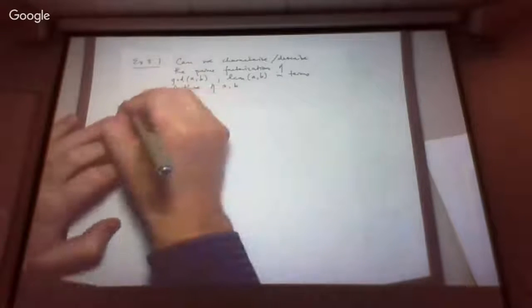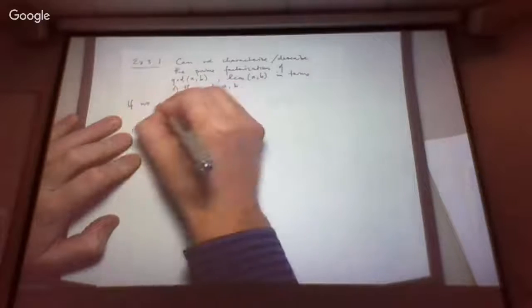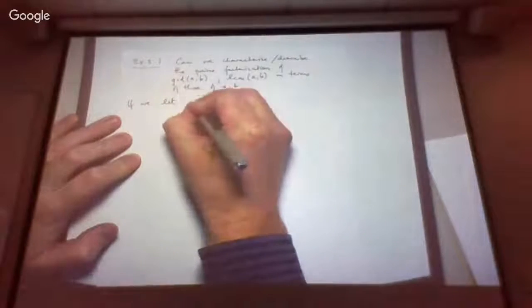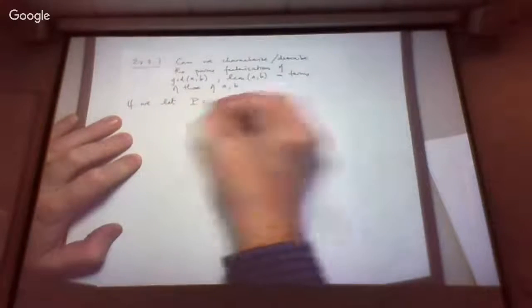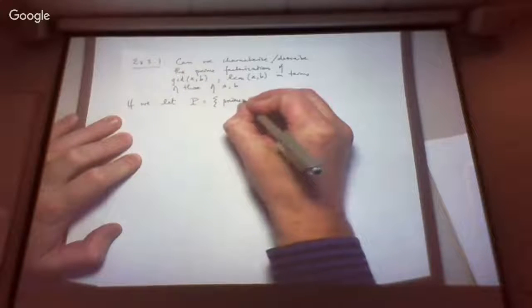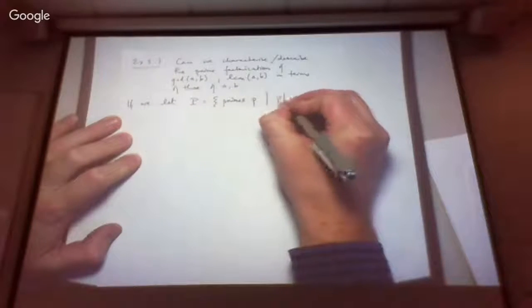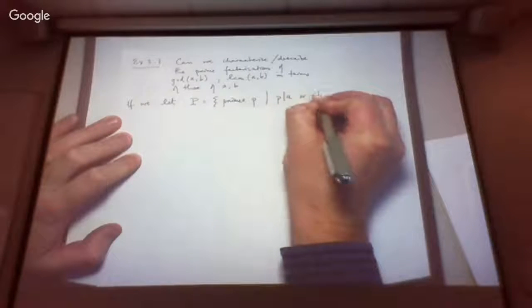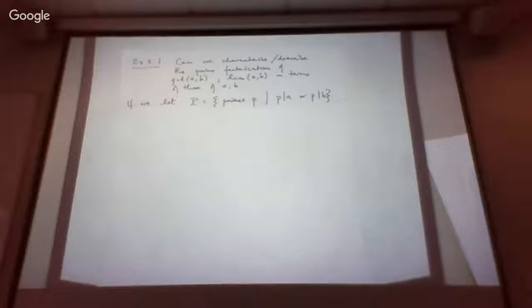But what we'll need to be able to talk about is this set, capital P. And I'm going to say that this is equal to the set of primes p such that p divides a or p divides b. So I've got one collection of primes for a and one collection of primes for b. I want to consider the union of them.